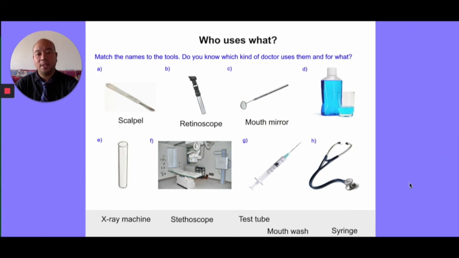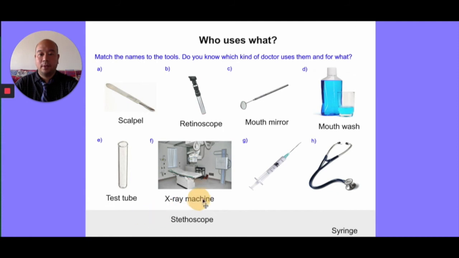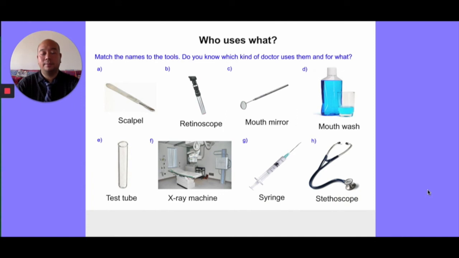How about picture D? What's this? This is mouthwash. And then over here, picture E is a test tube. F, this is the X-ray machine. G is the syringe. And the last one, H, this is the stethoscope.